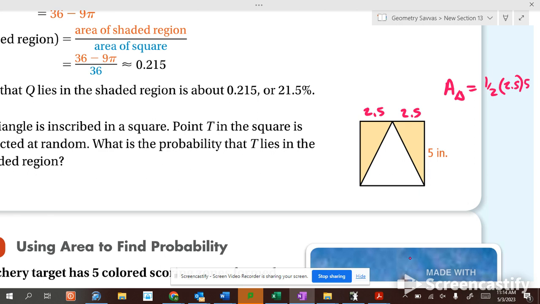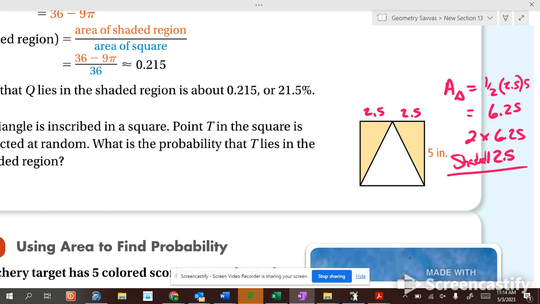And there's 2 of them, but we'll find the area of 1 first and then multiply it. So it's like 6.25, right, for one triangle. So then, since there's 2 triangles, 2 times 6.25 would be 12.5. So the area of the shaded is 12.5.